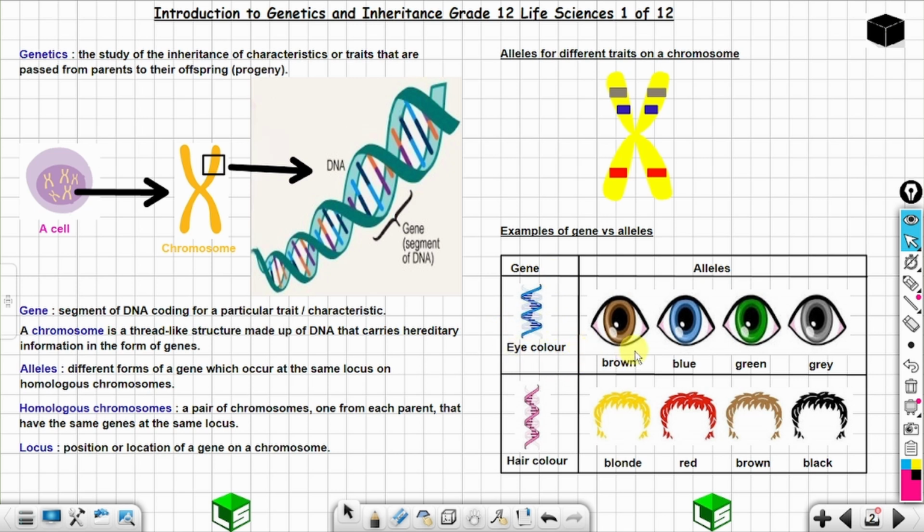Now you have alleles for brown eyes, alleles for blue eyes, alleles for green eyes, and so on. Another example is the gene for hair color, and you have different forms. You can have alleles for blonde hair, alleles for red hair, and so on.